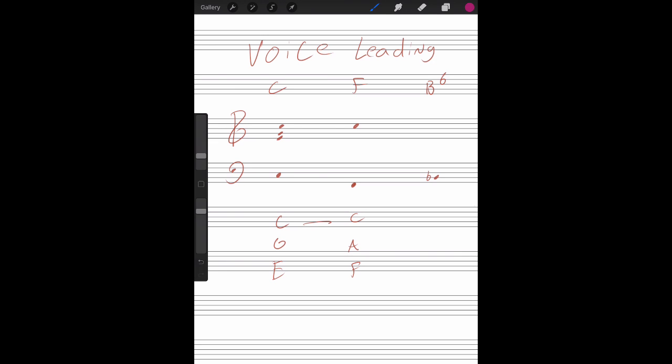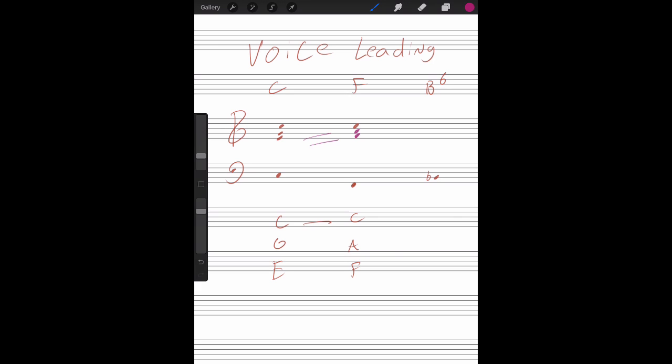If we look at the G, we can go down to the E or we can go to the A, the same distance. So let's look at the E. The E, we could go to an F, just a half step up, or the next closest note would be a C, but we already have a C. So we're going to move that E up a half step to an F, and that forces us to bring the G up to an A. So those two notes went up.